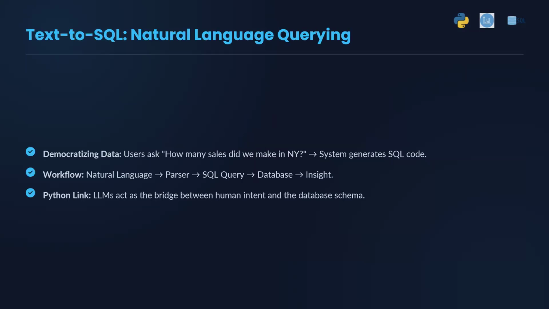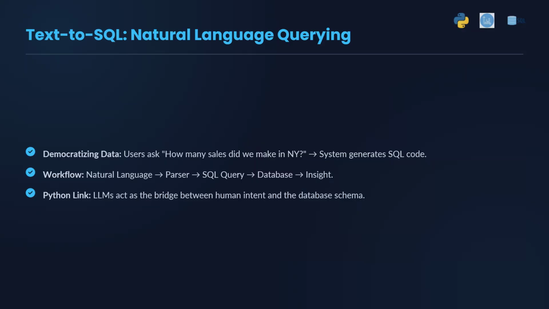And finally, NLP and SQL integration is also very important. How can we democratize the data? Users will ask, how many sales did we make in New York? And it will automatically generate SQL code. There are so many online SQL generation tools. Text to SQL is one example. That particular tool was very popular one year back, and they were even giving it for free.